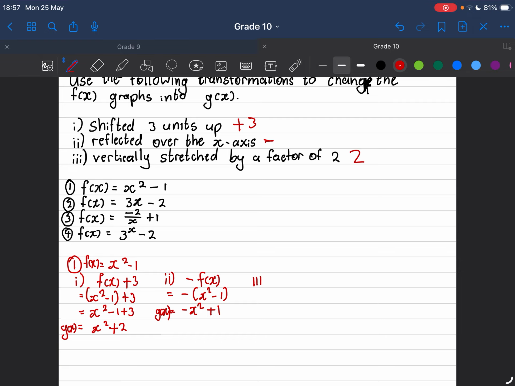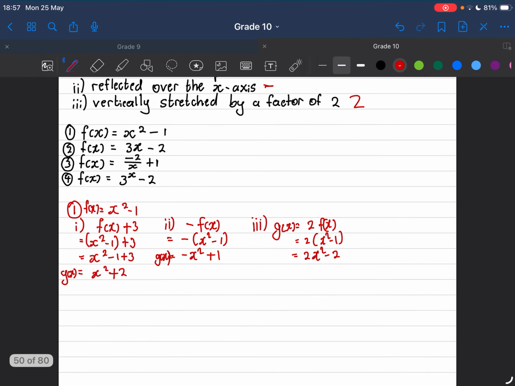For the third one, I want to stretch by a factor of 2. So my g of x function is equal to 2 times the f of x function. So it's equal to 2 into x squared minus 1. So it's equal to 2x squared minus 2. You distribute the 2 into the brackets. At this point, you should be getting an idea of it.